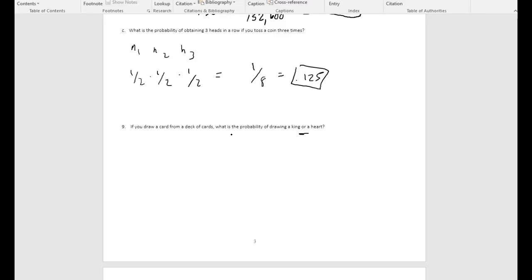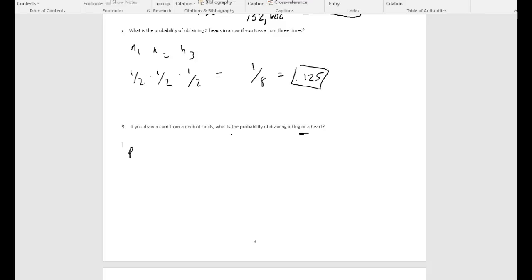So we know that it's a union, a probability A or B, so it's going to be one of our union formulas. The question is, are these mutually exclusive events or non-mutually exclusive events? Because there is a king of hearts, because you can have a king and a heart at the same time, these are non-mutually exclusive events.